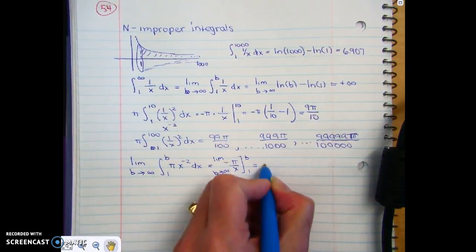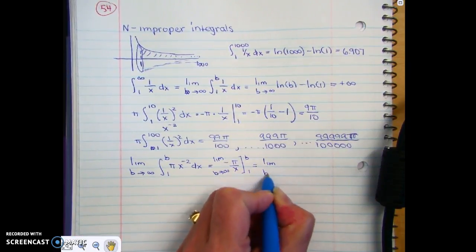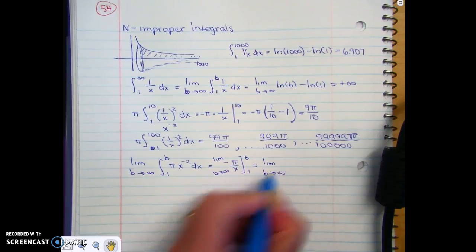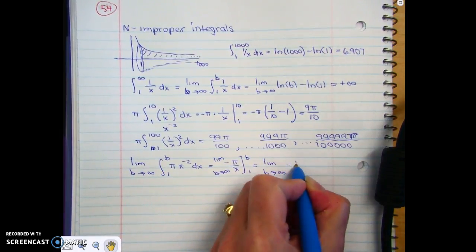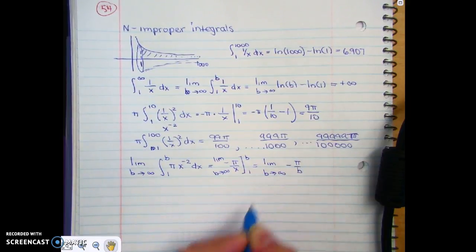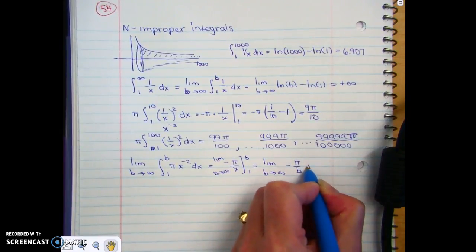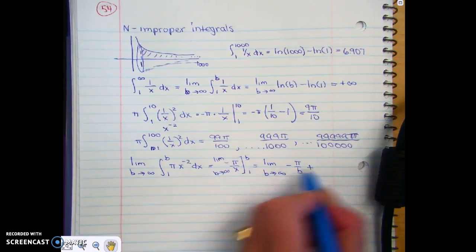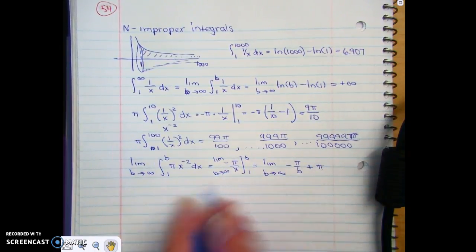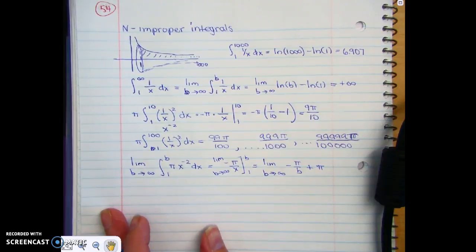And so we're going to get the limit as b approaches infinity of negative pi divided by b plus, right? Everybody okay with that? Plus pi divided by 1. Are we good?